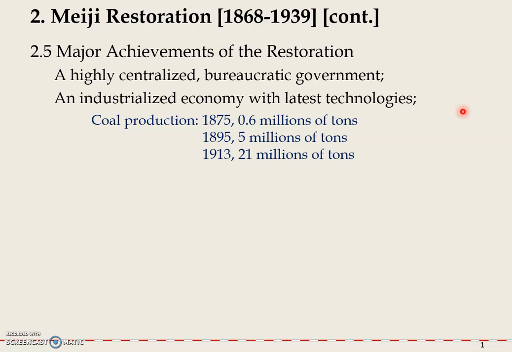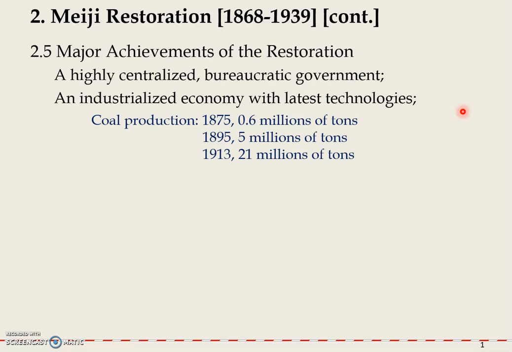Japan only produces 0.6 million tons of coal. However, after almost 40 years, in 1913, we find that Japan produced 21 million tons of coal.